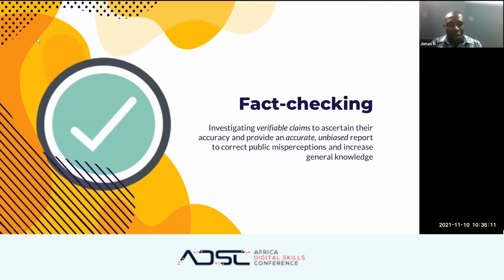So two things that you cannot fact check: one is people's personal opinion, and number two is prediction. If someone is predicting something to happen tomorrow, if the meteo agency or the weather report is saying it's going to rain tomorrow, it's not something you can fact check because it's a prediction. So that is it for verifiable claims.